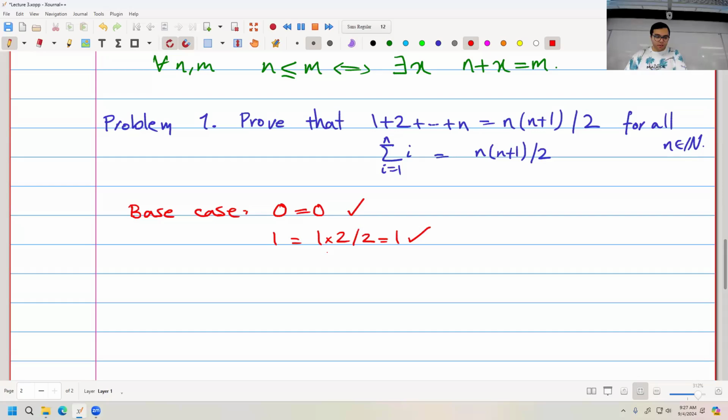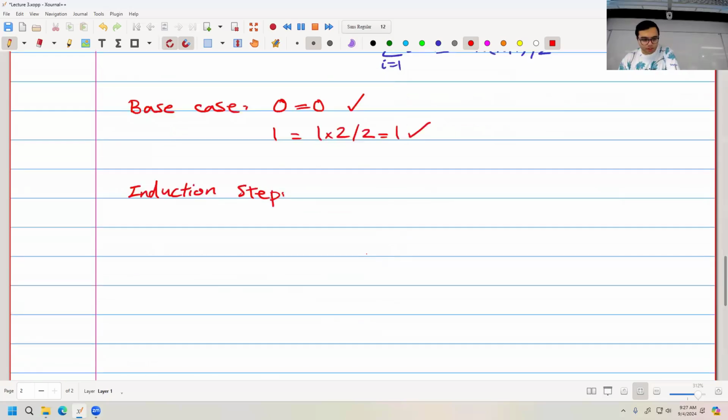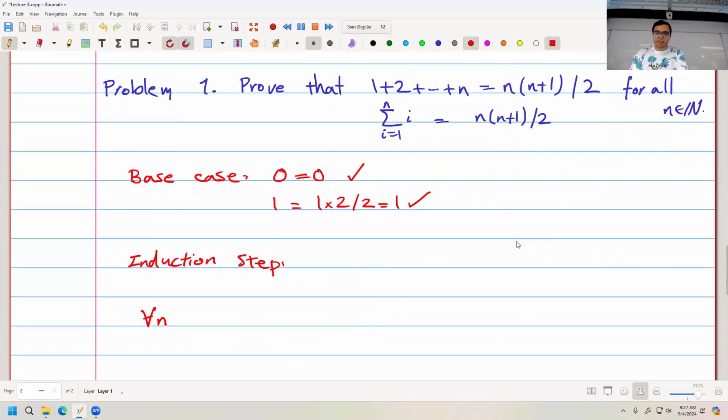Okay, now I want to do the induction step. So here's the thing. What do I want to prove in my induction step? If I want to be very specific about what this is, I want to say that for every natural number n, if this statement holds for n, then this statement holds for n plus 1.